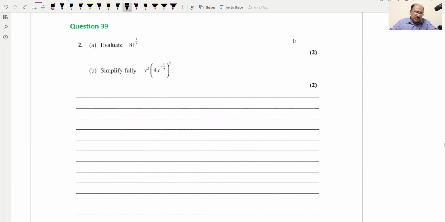And next, question number 39 of this past paper file, and this is question number 2 of the past paper. So, 2 mark question, evaluate. We can write the question as 81 raised to power 3 by 2.